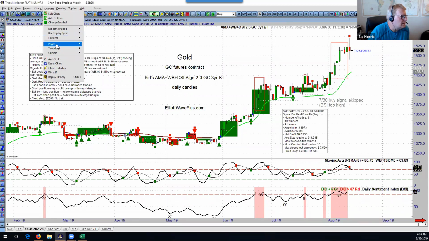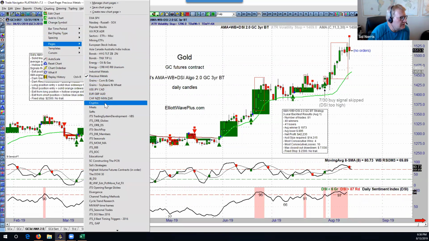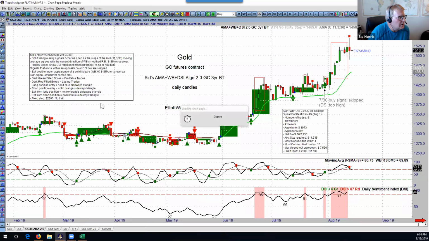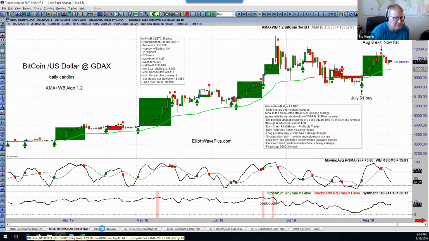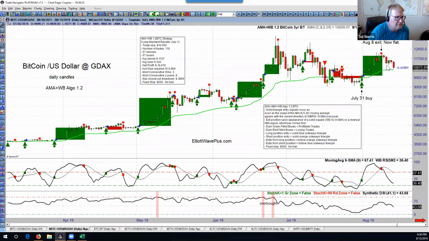And all of this translates over to the cryptos. I'm using the same algo, the same backtesting system, the same way of choosing how I've got the indicator set, and that's all on a 3-year backtesting on all of the cryptos.